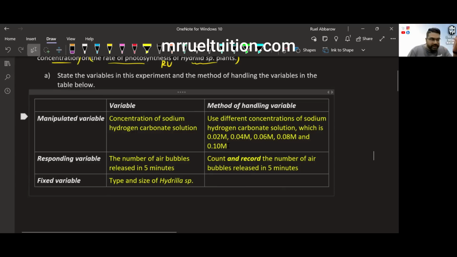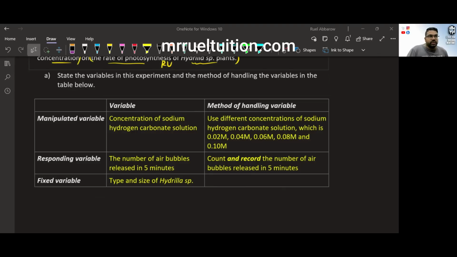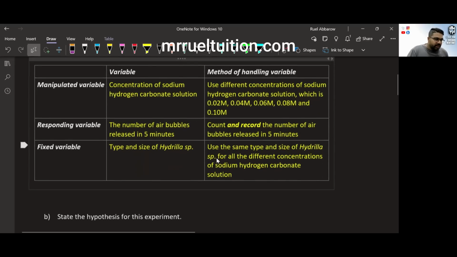How? That is the method of handling. How to fix it? Very simple. We simply use the same type and size of hydrilla species for all the different concentrations of sodium hydrogen carbonate solution. That's it. That's how you fix it, isn't it? Right?